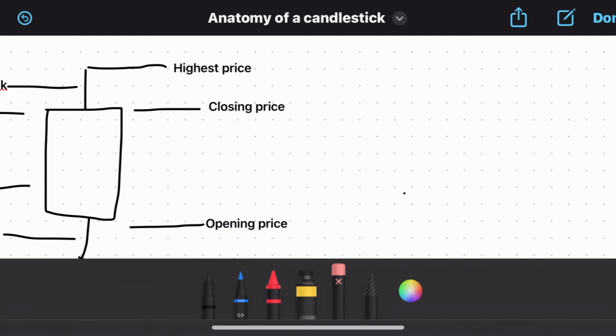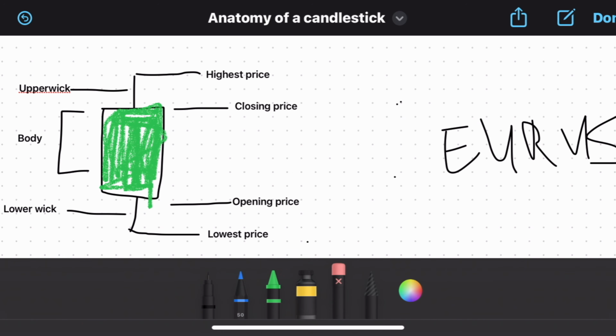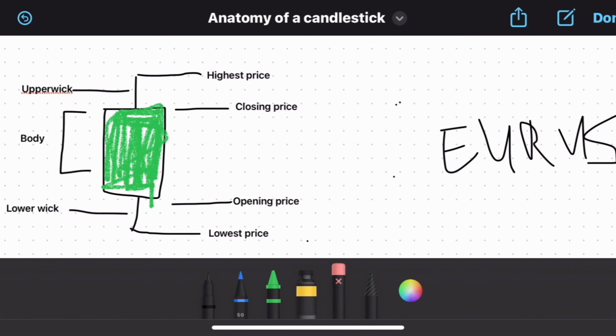Let me give this also a color so that we can get the whole idea. So this is how a bullish candlestick looks, right? The opening price is below, the closing price is just above, and then you have the wicks. The wick simply means a rejection of price. Wick simply means price rejection.